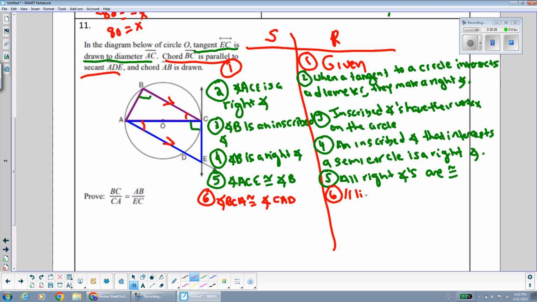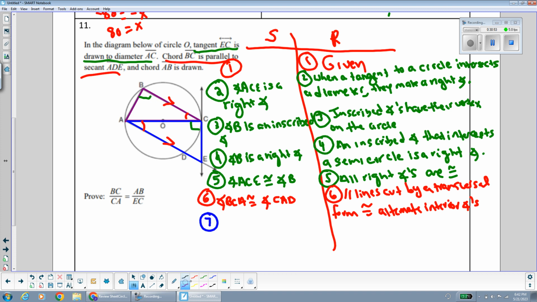Parallel lines cut by a transversal form congruent alternate interior angles.